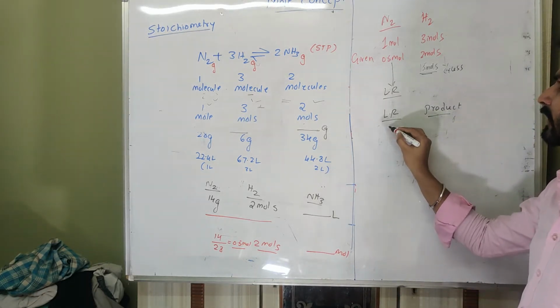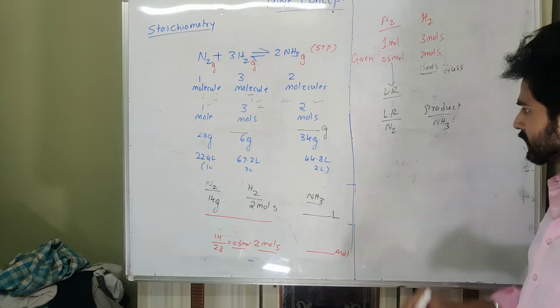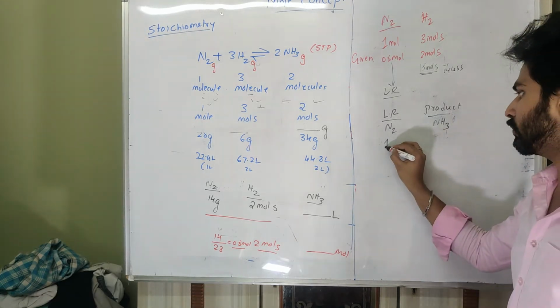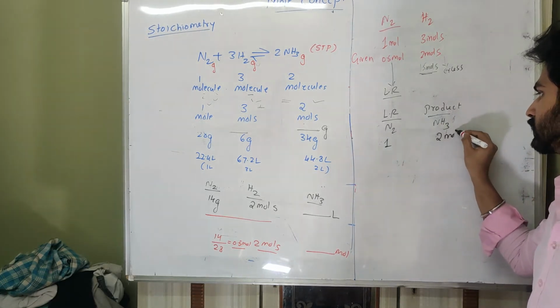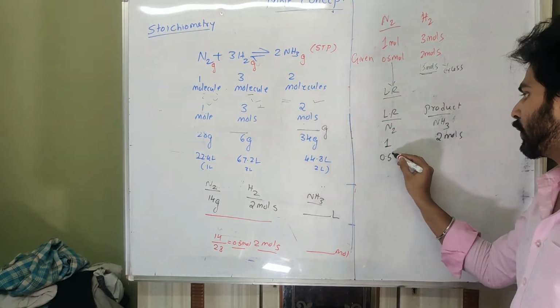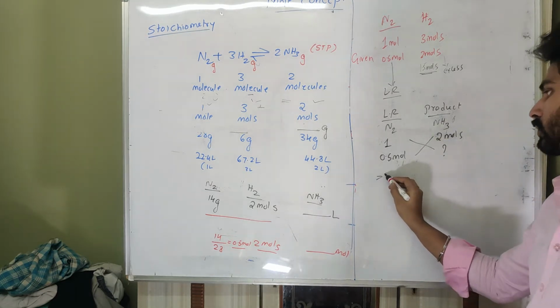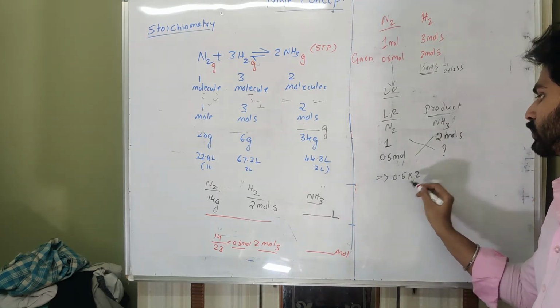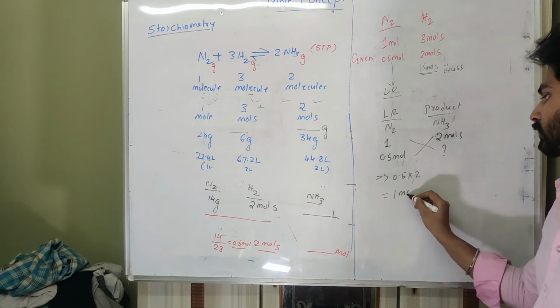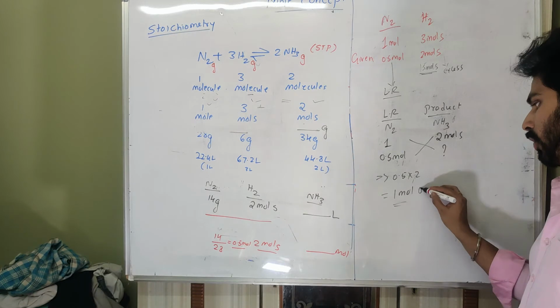Once we get the limiting reagent, we have to compare that with the product. Here the limiting reagent is nitrogen, and the product that we have to calculate is ammonia. From the stoichiometry, 1 mole gives us 2 moles. The given data is 0.5 mole, so the product formed is 0.5 into 2, that is 1 mole of ammonia.